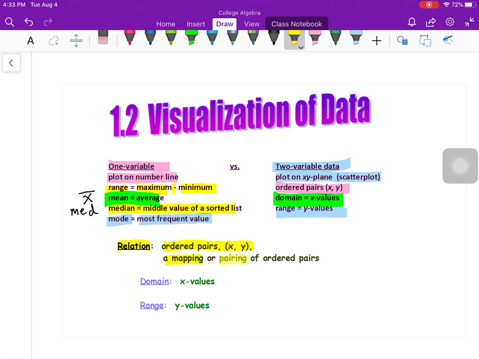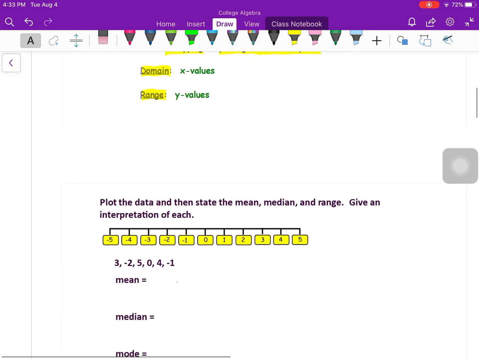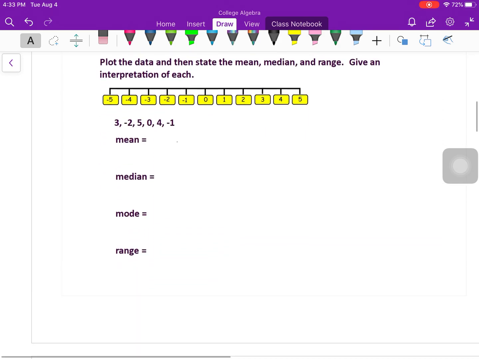Any relation is referred to as simply a set of ordered pairs. It is a mapping or pairing of ordered pairs. Every relation has a domain, which again are your X values, and a range, which are your Y values.